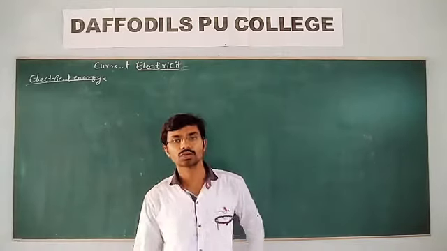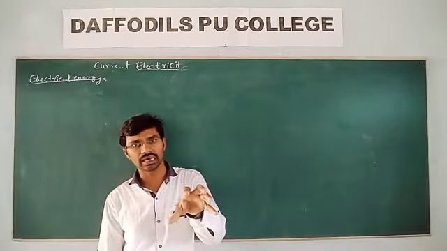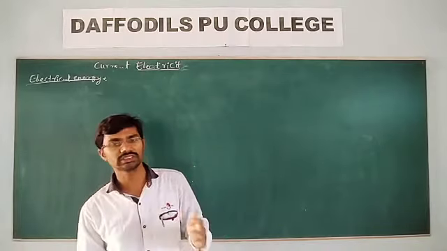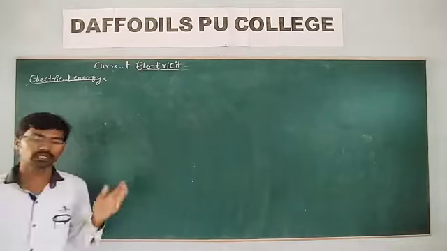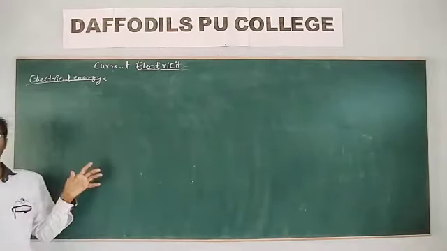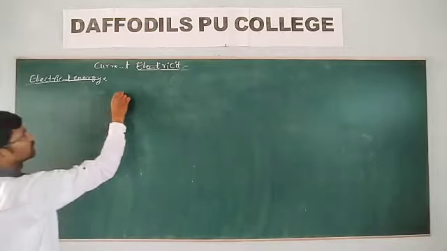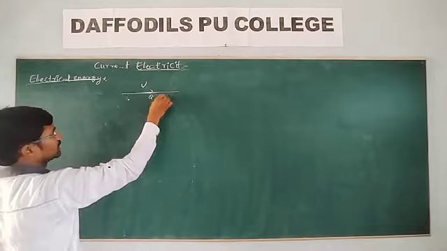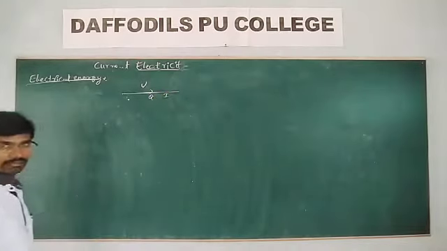That means work done to carry the charge in a wire from one end to the other end, which is nothing but the potential difference. Whenever we have a potential difference, only then will the charge flow along the wire. Here the potential difference is V and the current flowing is I.